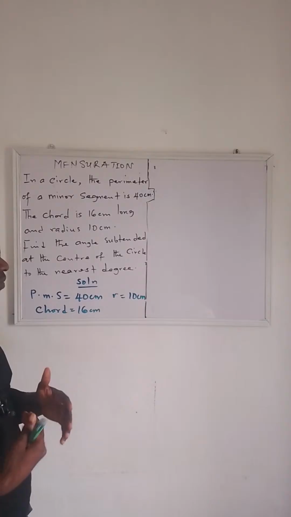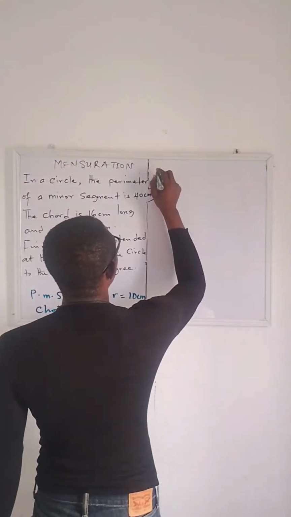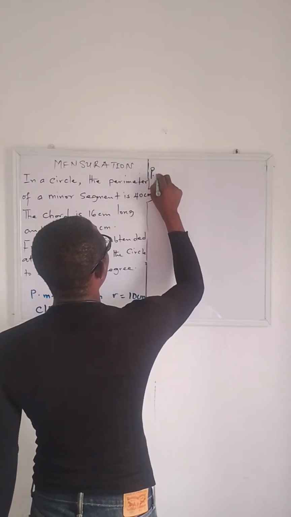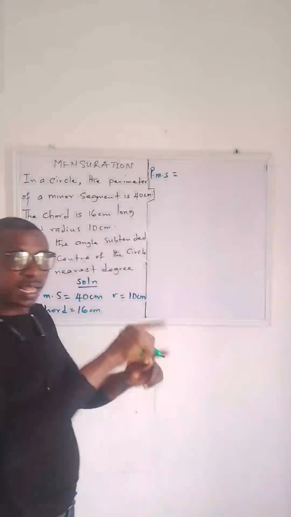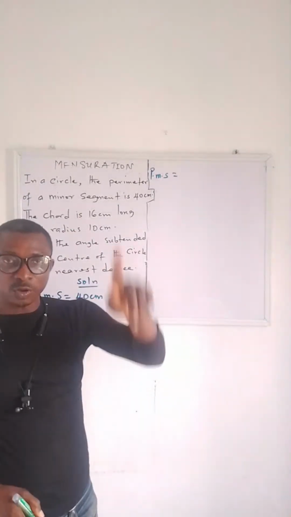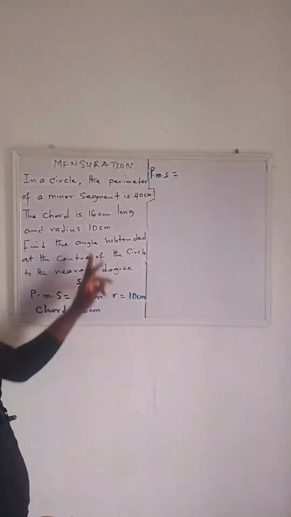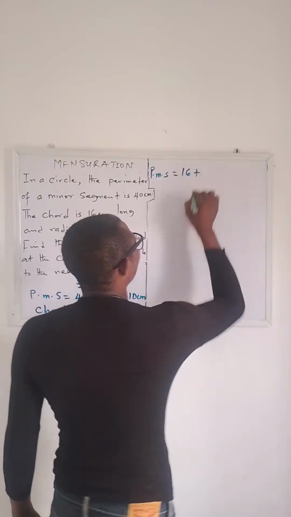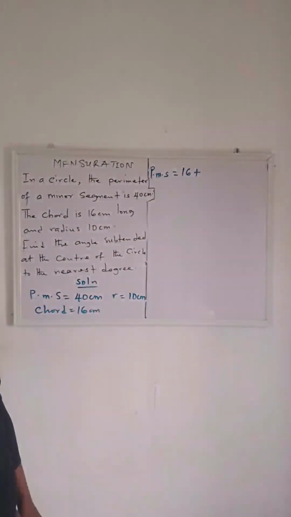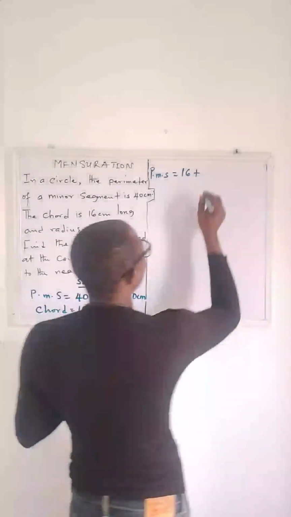So I'll write out that perimeter of minor segment is the length of the arc plus length of chord. So length of chord has been given. Can you see that? 16. So I write 16 plus what? That is length of arc. That is not given. So let's write out the formula for that.